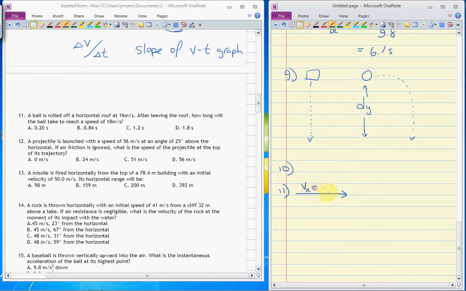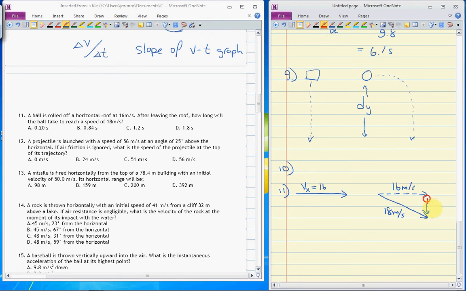Vx equals 16. In the end, what we need is a total velocity that looks like this, which is 18 meters per second. Well, remember, this Vx remains constant. It is still going to be 16 meters per second later, no matter how much later we look. The difference is, what is this y component?